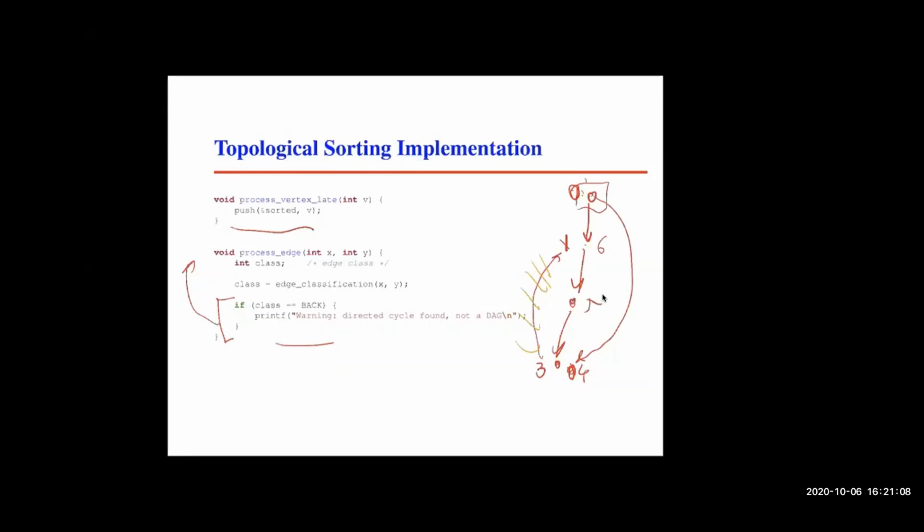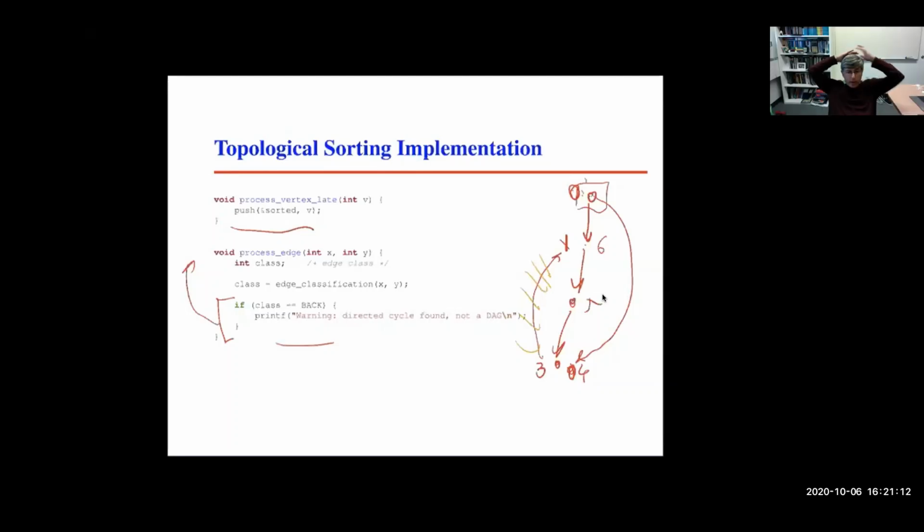Yes, can you explain one more time why we take the finishing times in reverse? Notice that when you're doing a depth first search, what is happening? This is a question of making sure you understand the mechanics of what a depth first search is doing.